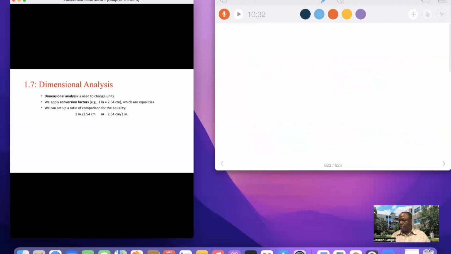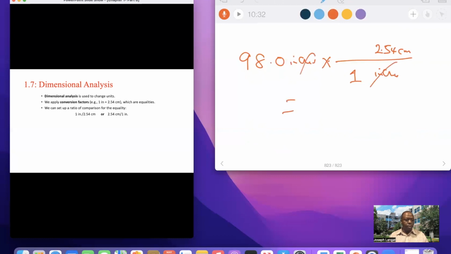What this means is if you're looking for, let's say, inches, I'll multiply by inches here and centimeters there. So inches and inches cancel, and this will give you 38.6 inches. This is what you should see.